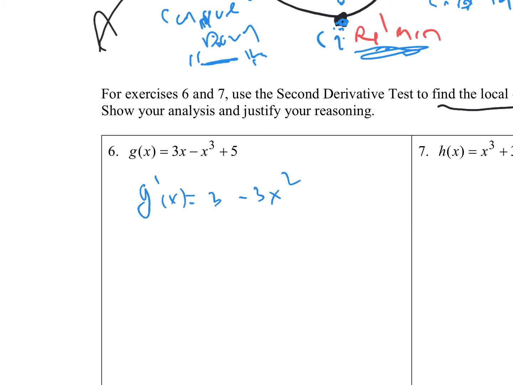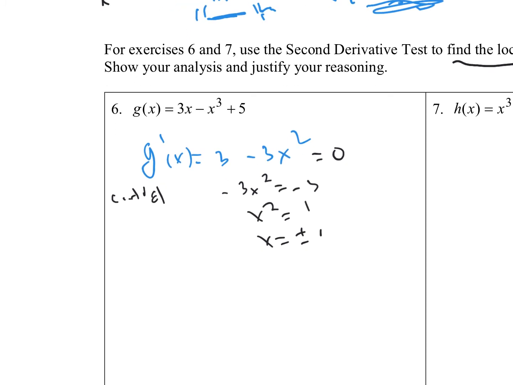Let's take care of that first derivative. Let's set this equal to 0 right now and get the critical numbers. I set that equal to 0, and I get negative 3x squared is a negative 3, x squared is 1, x is plus or minus 1. So there are my two critical numbers: x equals 1 and x equals a negative 1. Now, this is where I need the second derivative, which I did a minute ago. It's relatively simple. It was a negative 6x.